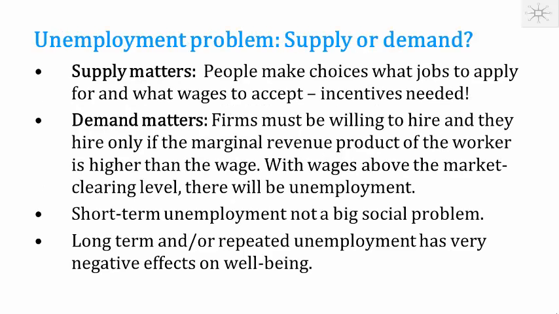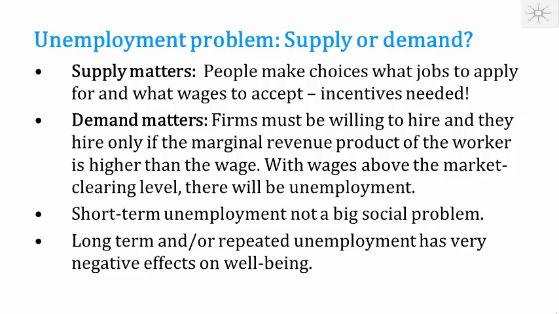Just to summarize, should we think of the unemployment problem as a problem of supply or demand? Is it that people are unemployed because they don't want to take the jobs that they could get, or is it because there is a lack of jobs? Well, if we think carefully about it, we realize that both supply and demand matter.